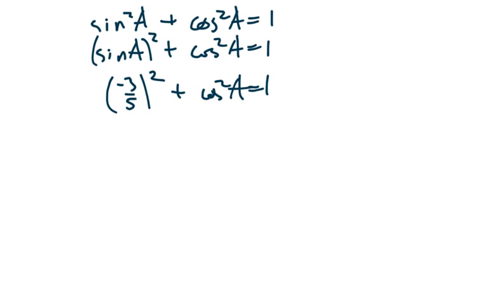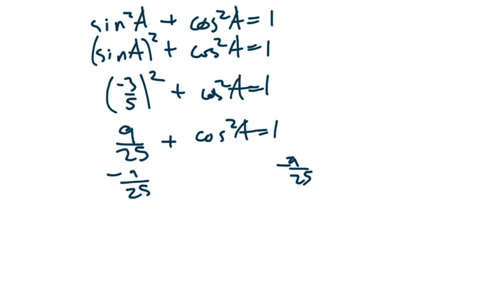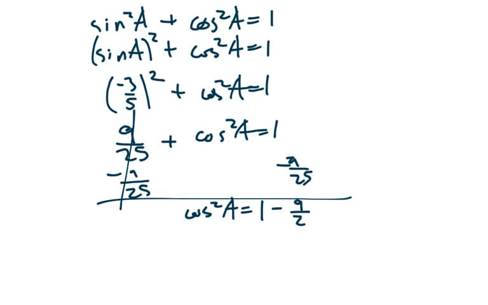Negative 3/5 times itself means negative times negative, positive, top times top, over bottom times bottom. 9/25 plus cosine squared a equals 1. Subtract 9/25 from both sides. This leaves us with cosine squared a equals 1 minus 9/25.